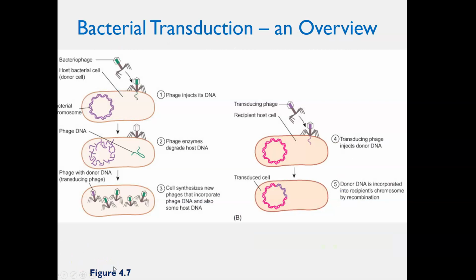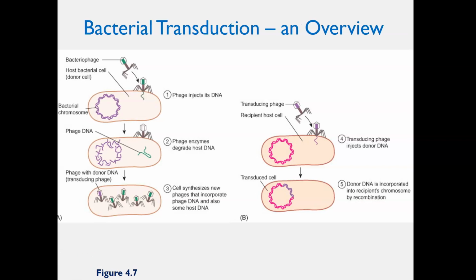And I can show you that here on this slide, in which we are able to see that the host bacteria here, if you notice, has its genetic material depicted in purple. And now we have the bacteriophage that is landing on the bacteria, injecting its genetic material into the host.